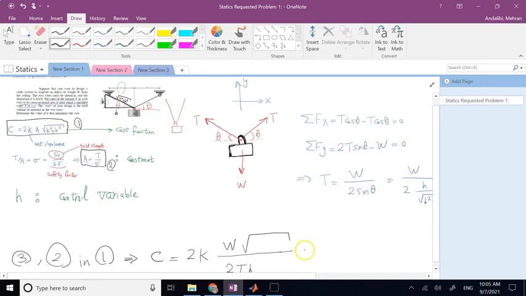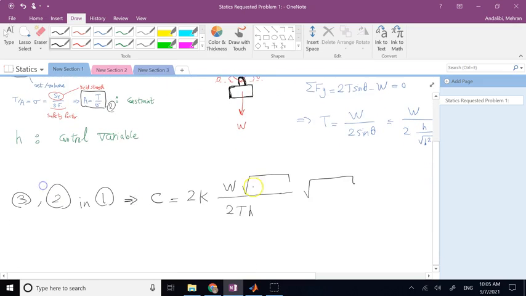And then times the other square root. So this is A in the first parenthesis.